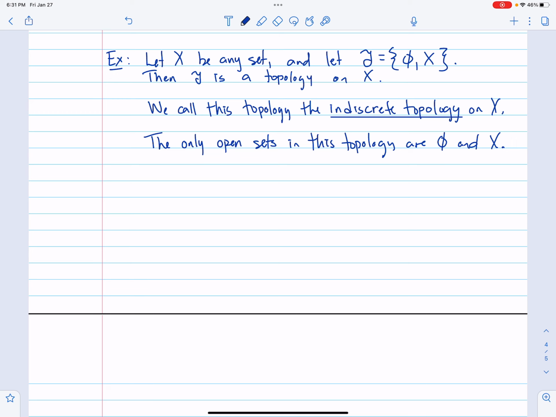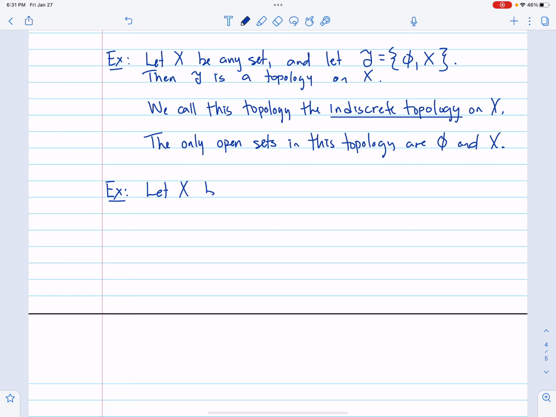Now, suppose we were like, that was a really boring example. Let's do an interesting example. Let's add a bunch more open sets. If you take that philosophy to the extreme, then you can go exactly in the other direction.